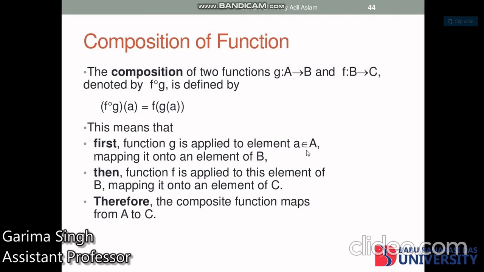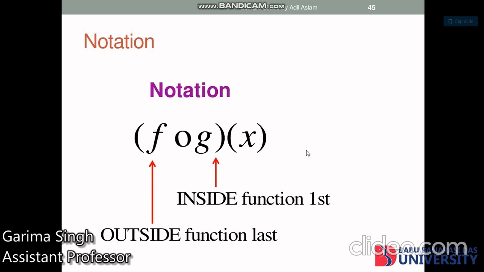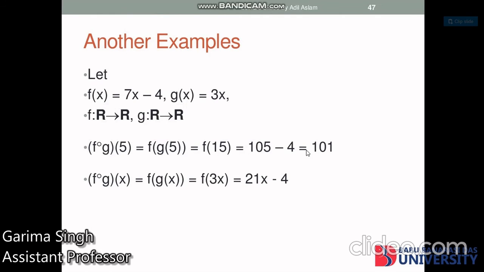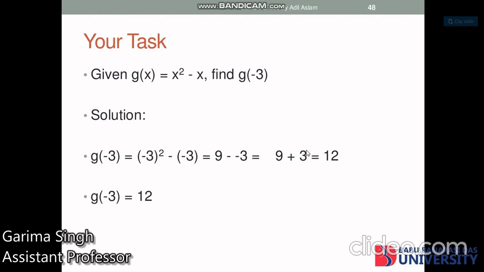The function f is applied to this element of B, mapping it onto an element of C. Therefore, the composite function maps from A to C. These are the notations. Inside the function first, outside the function last. These are certain examples. These are other examples. This is your task.